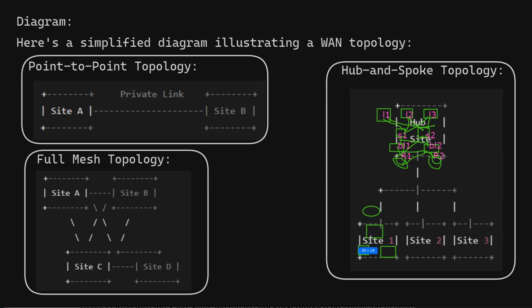So the branch network is like this: you have the access switch connected with the distribution switch, and the distribution switch is connected with the core router. Now here you can see the connectivity between these core routers, or the edge routers to edge routers. That connectivity comes under WAN, the wide area network.